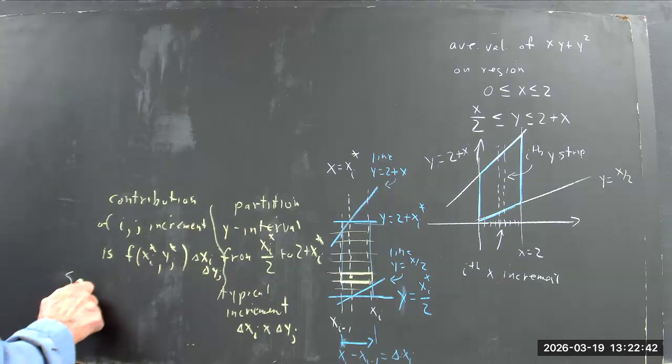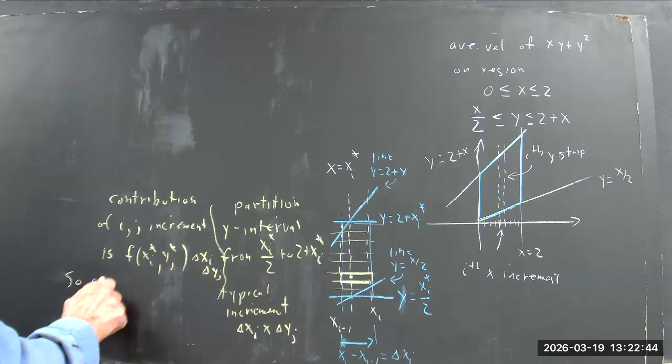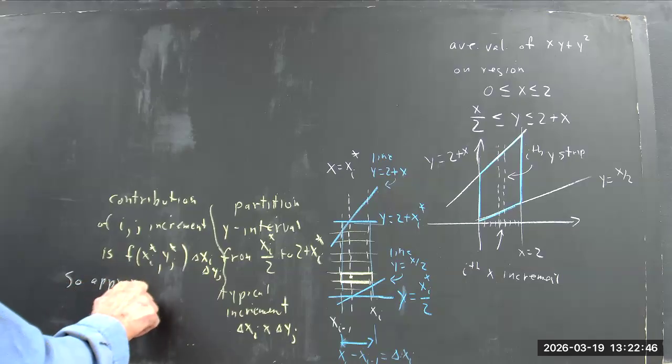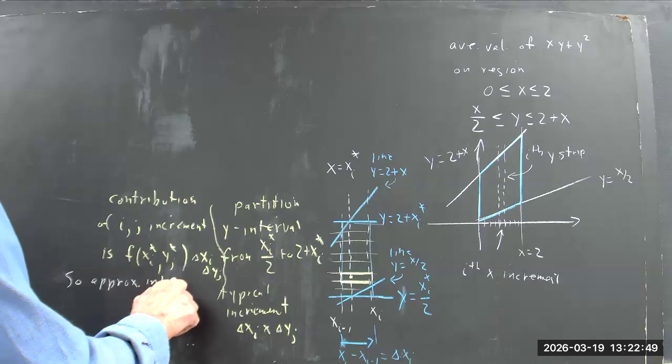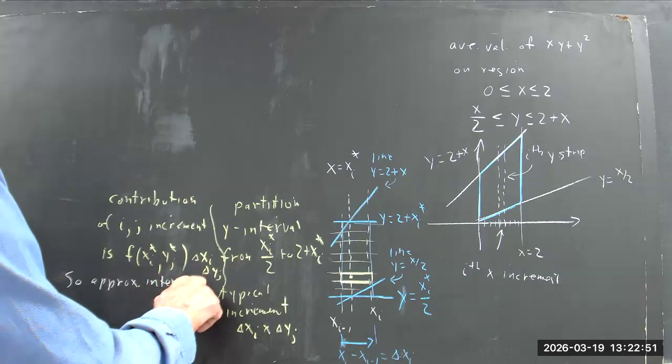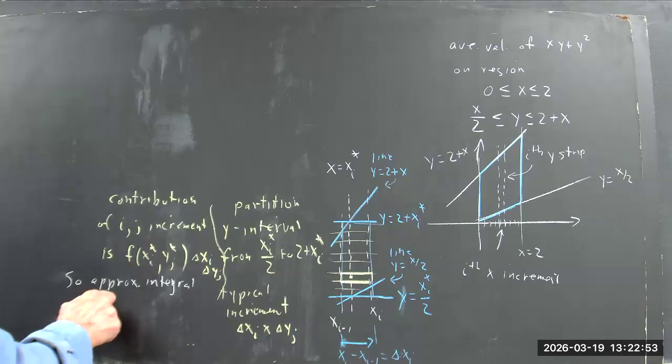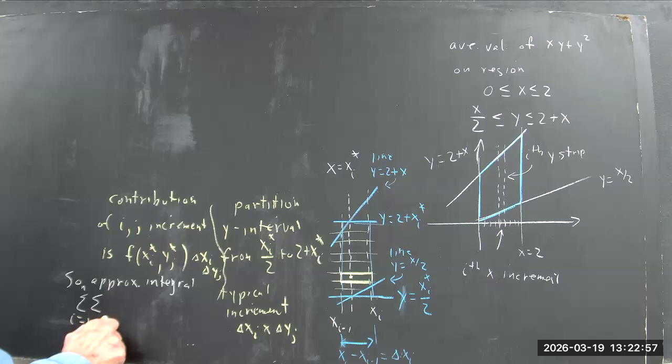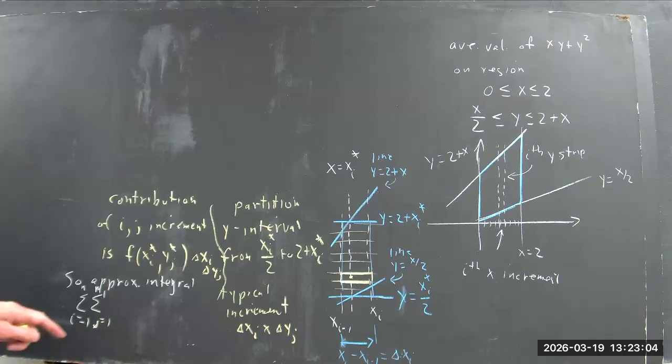So, pretty sloppily, i equals 1 to n, j equals 1 to m sub i.